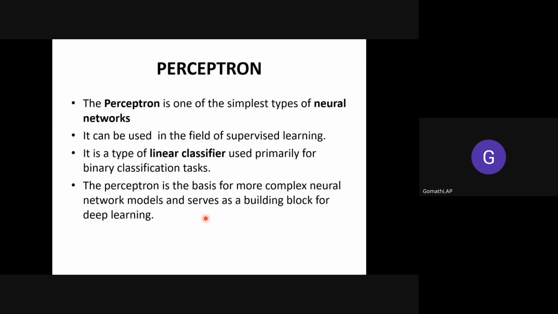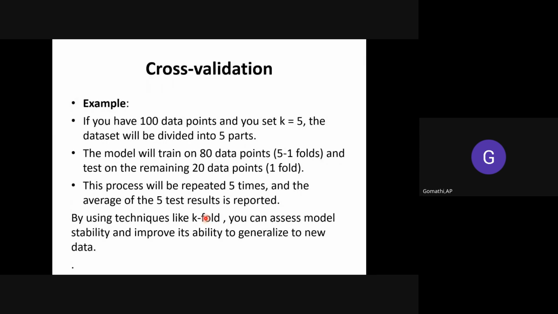Consider another example. If you have 100 data points and k is 5, the data set will be divided into 5 parts. The model will be trained on 80 data points, that means 5 minus 1 folds, and the remaining 20 data points will go for testing.